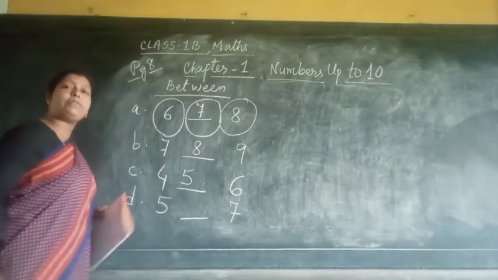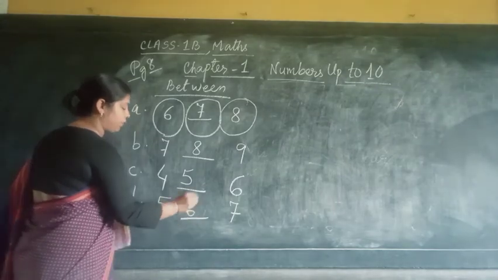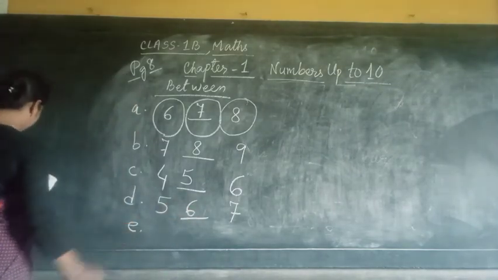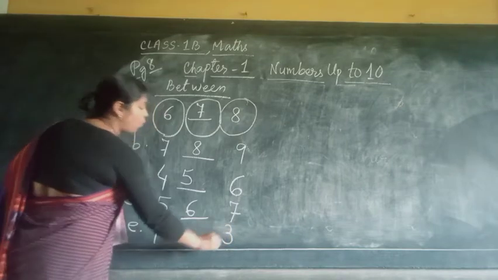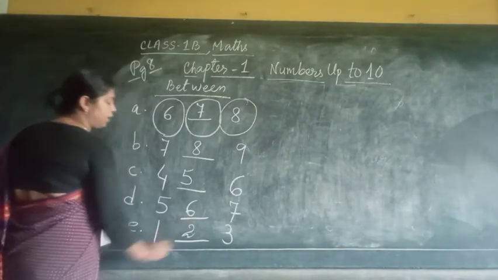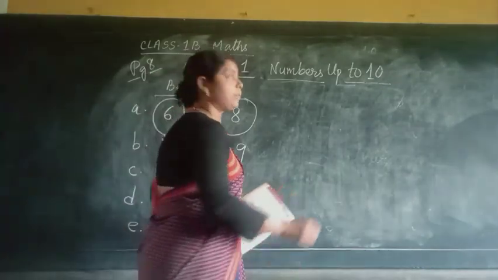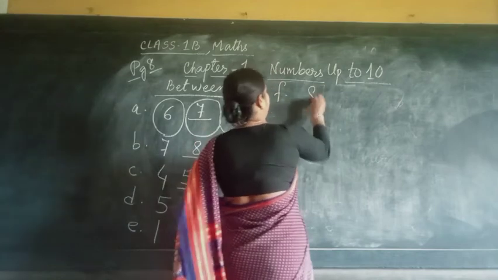What comes in between 5 and 7? 6 comes, isn't it? 6 comes between 5 and 7. Okay. Number E. You see 1-3. What comes between 1 and 3? 2 comes between 1 and 3. Alright? Okay. Next one you see 8-10. Okay?